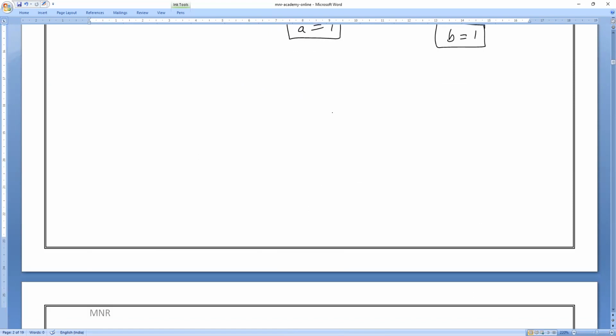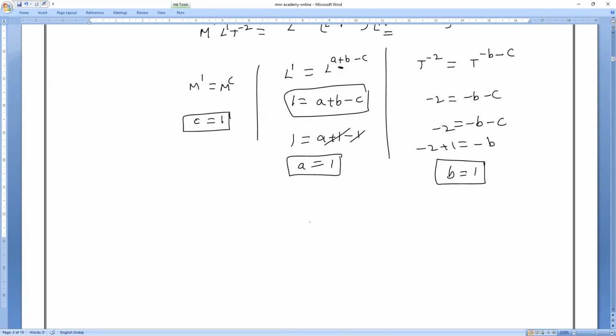So what formula will come, everybody? Viscous force F is equal to K into R power 1, V power 1, eta power 1, that is K into R into V into eta.